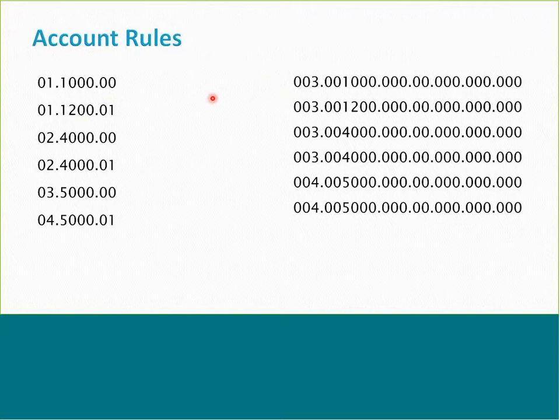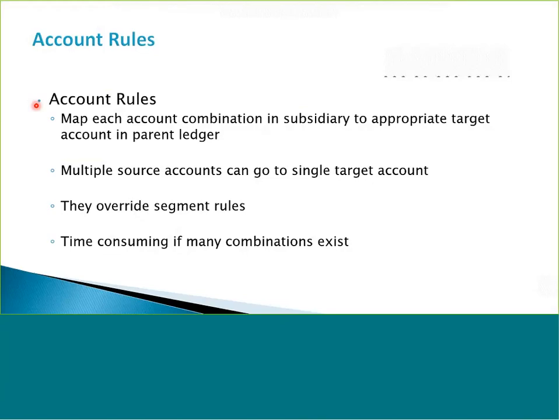Okay, but in terms of implementation, that is how it's done. You enter the account from the subsidiary and you specify the account in the parent ledger to which you want it to be mapped.